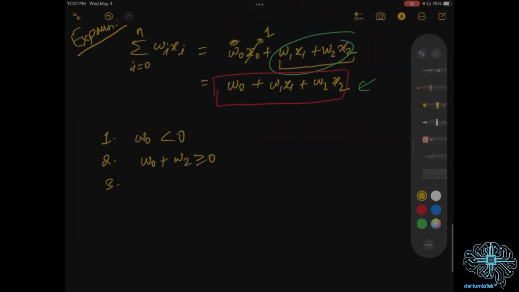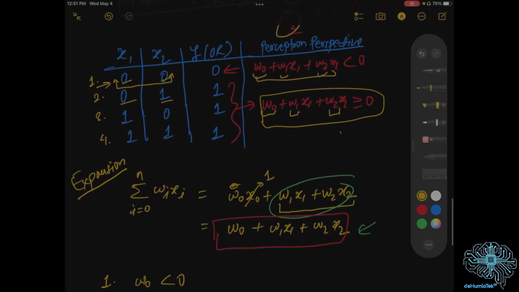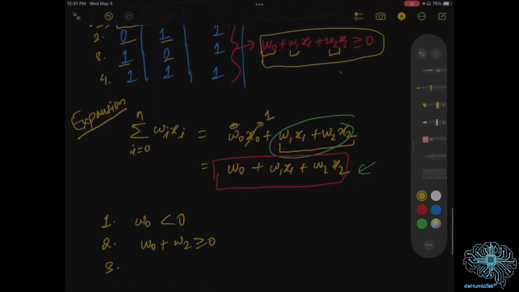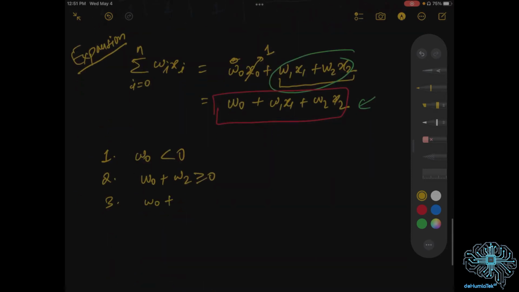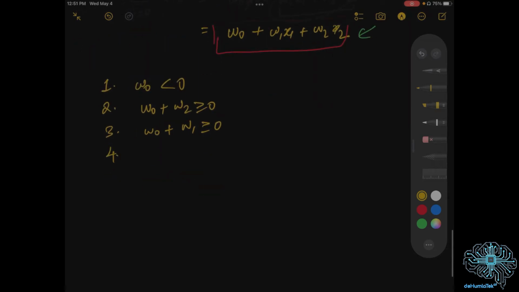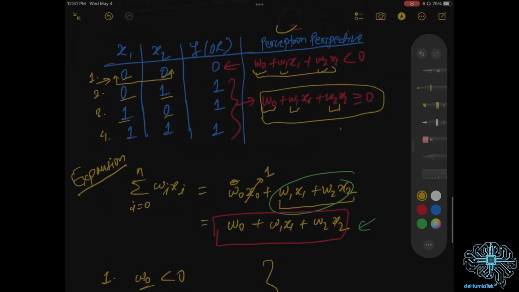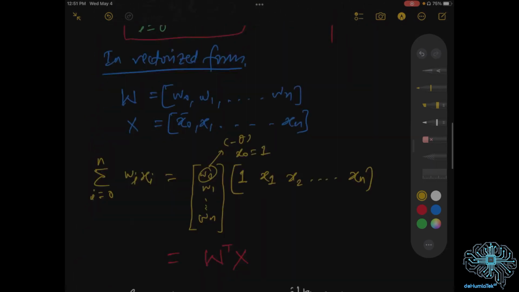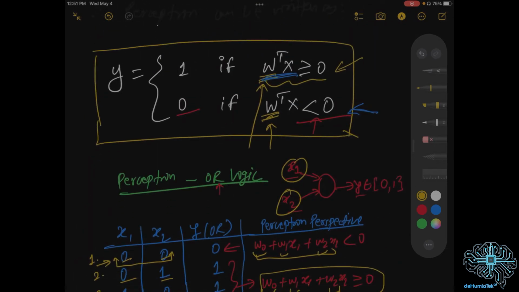For the other condition, if we substitute this one, W naught plus W1 is greater than 0, and the fourth one is W naught plus W1 plus W2 is greater than 0. Now we have to learn the values of W naught, W1 and W2 so that our perceptron will work as an OR gate.